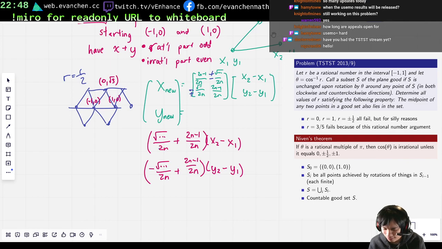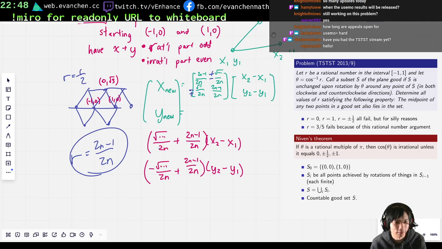Rep Sam, hello. We are dying on the edge case r equals 2n minus 1 over 2n. Any help would be greatly appreciated. We know it's possible if n is even, and we think it's probably not possible if n is odd, and I just can't get the last case.